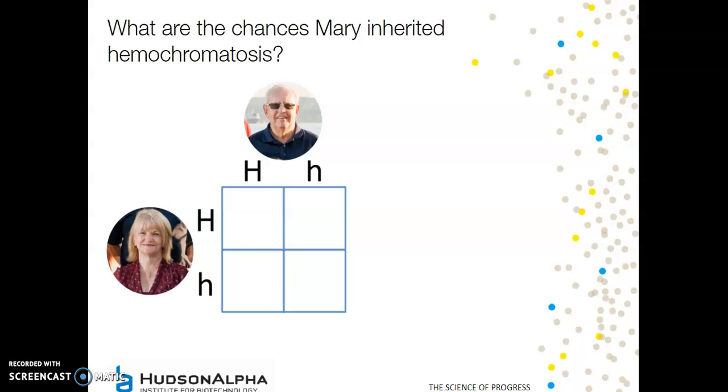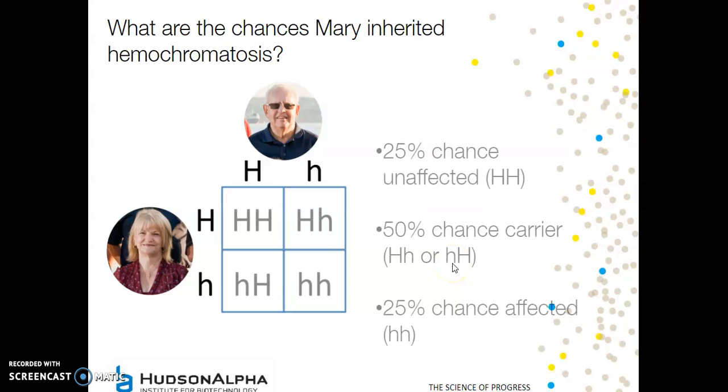So what are the chances that Mary inherited the hemochromatosis gene from her parents? We know that Jack is big H, little h, and Jill is also big H, little h. So when we do the Punnett square for them, we see that there is a 25% chance that their children would be unaffected. There is a 50% chance that their child would be a carrier.